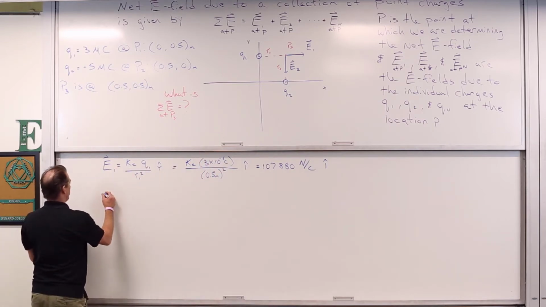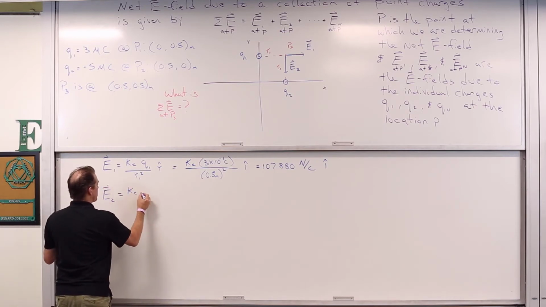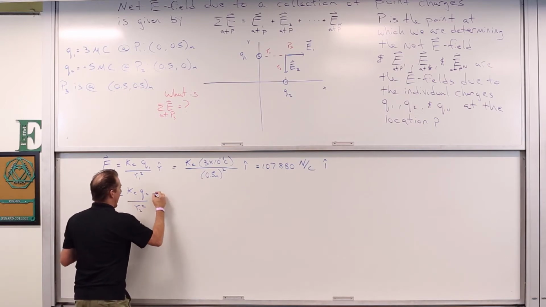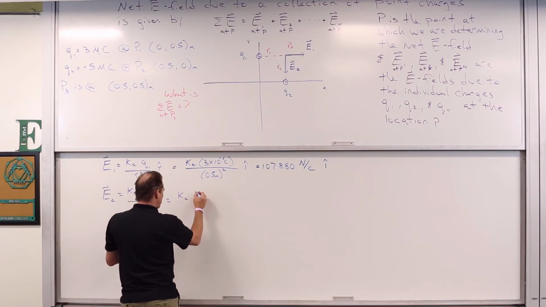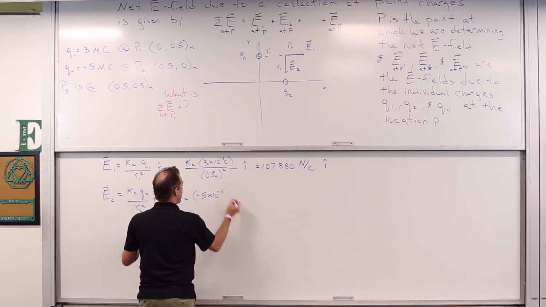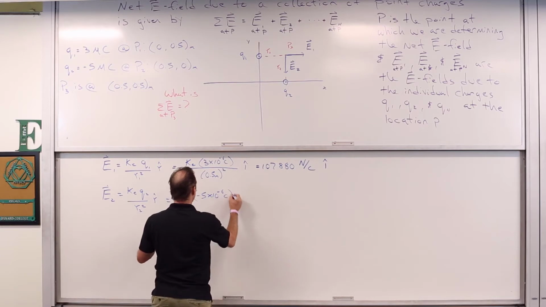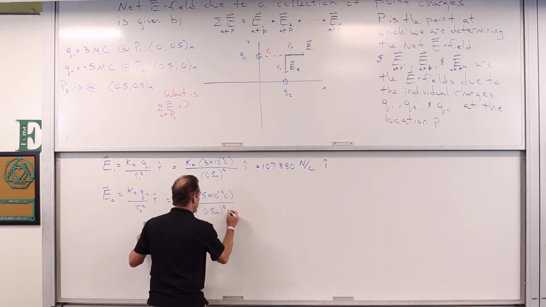And then we've got Q2 as well. So we've got an E hat 2 is going to be equal to, well, that's K sub E times Q2 divided by R2 squared, R hat, which is going to be equal to K sub E times negative 5 times 10 to the negative 6 coulombs divided by the same 0.5 meters squared.